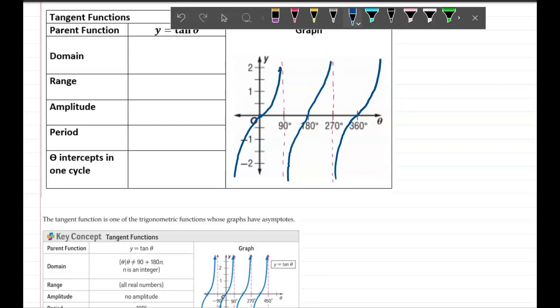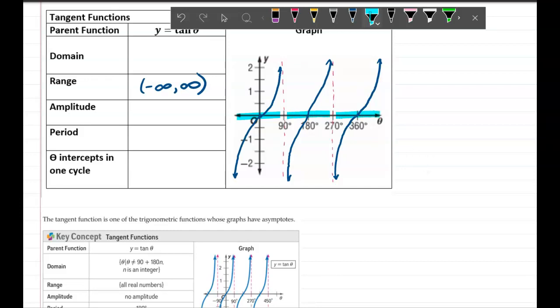These go up forever and down forever, which is why our range is going to actually be all real numbers this time. But the domain is not all real numbers, because as you can see, we have graph right here, but then it stops at the asymptote, and then we have graph, and then it stops at the asymptote, and so on.